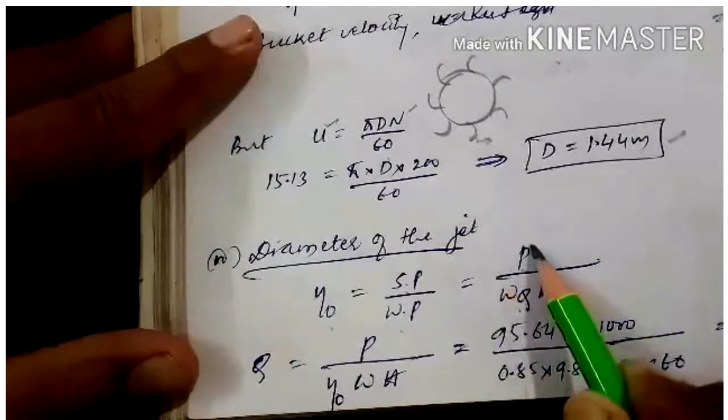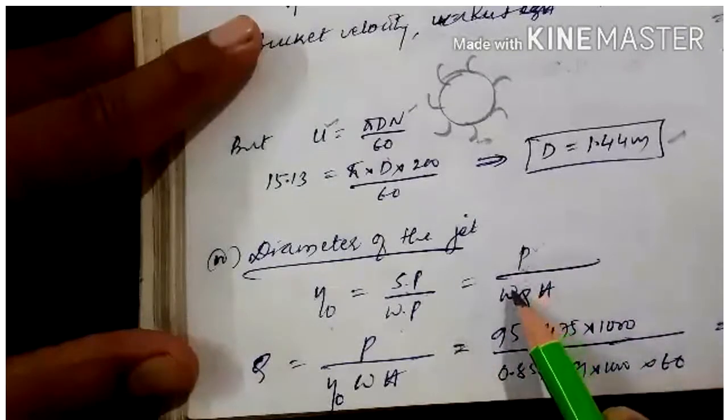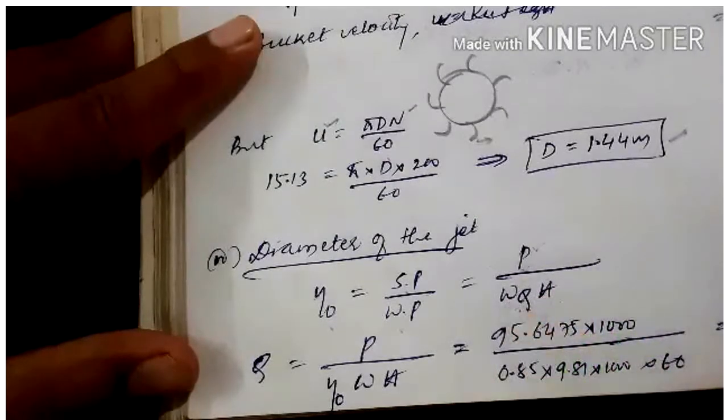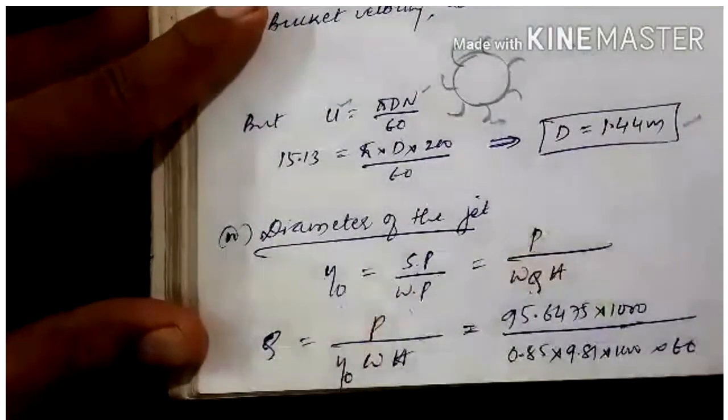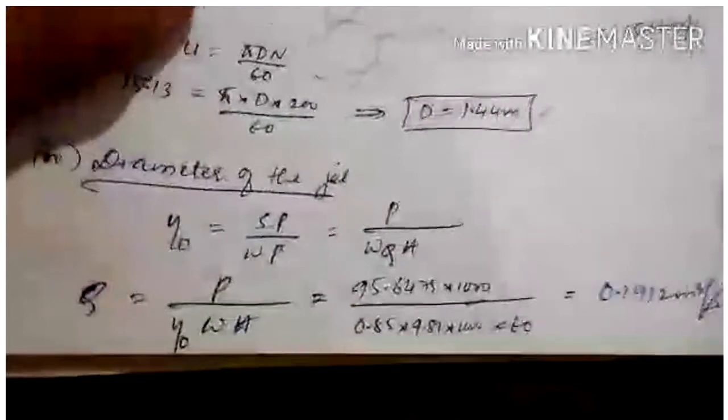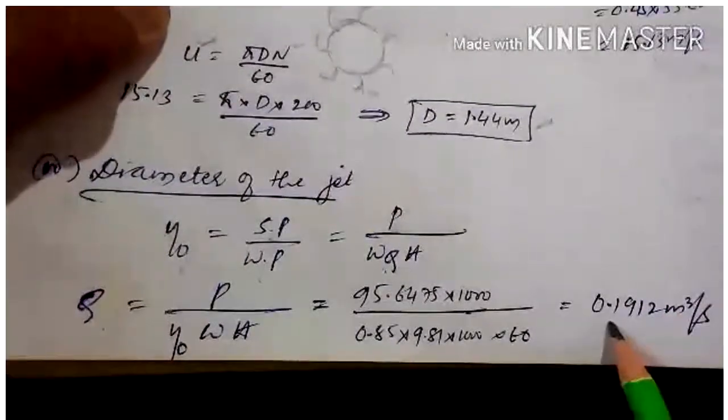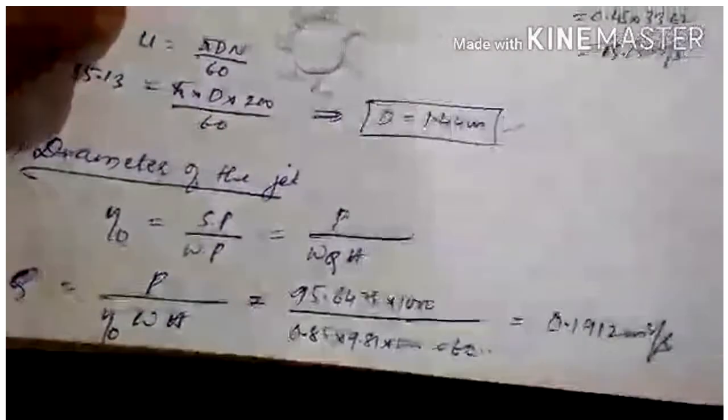In this, the power is given, specific weight is 9.81, Q is the unknown, and H is given. So from this we can easily get the value of Q. The value of Q we have obtained as 0.1912 meter cube per second.